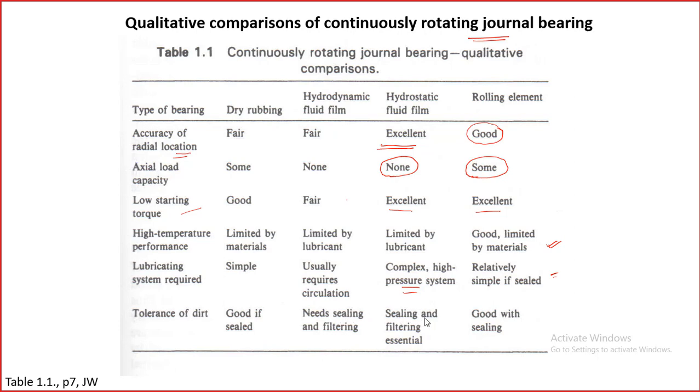Tolerance of dirt, sealing and filtering essential. Good sealing is important. So in the case of dirt, both types of bearings cannot tolerate dirt, so it is very important to have very good sealing, and in the case of fluid film bearing it is very important to have the filtration going on.